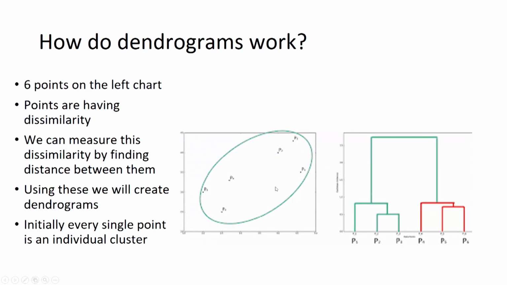Suppose here we will see one example in which there are 6 data points in the data set, and using agglomerative clustering we are merging the closest clusters step by step, and finally we will get only a single cluster. Here we can see that data points P2 and P3 are the closest points, because this shows the distance between two clusters.